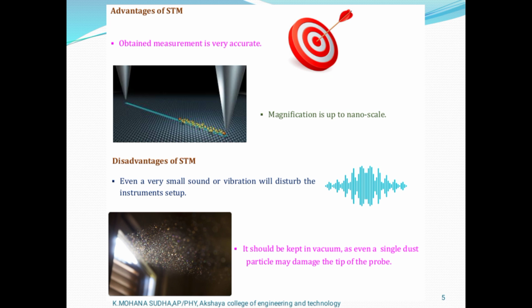If any sound or vibration enters, the sound waves or vibrations can travel through the air gap and disturb the scanning. So to avoid this, it should be kept in vacuum, as even a single dust particle may damage the tip of the probe. But its cost is very high, and it is more complex.